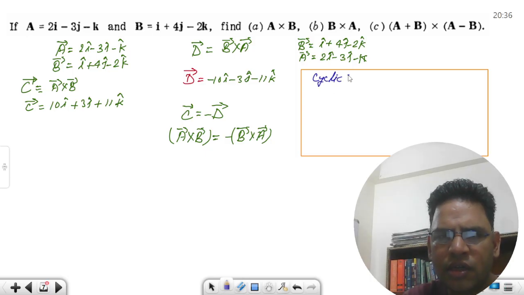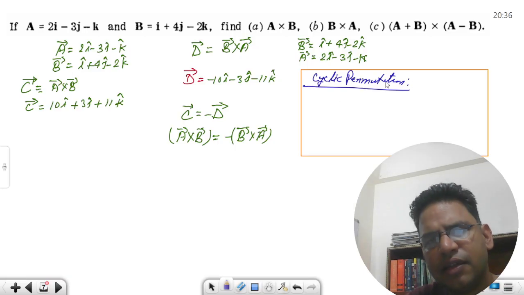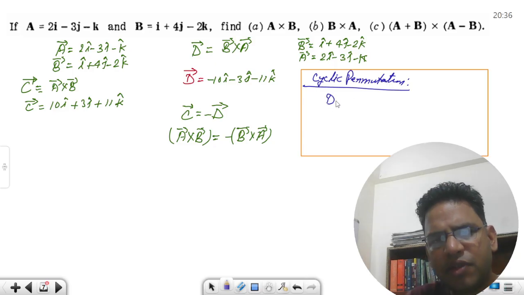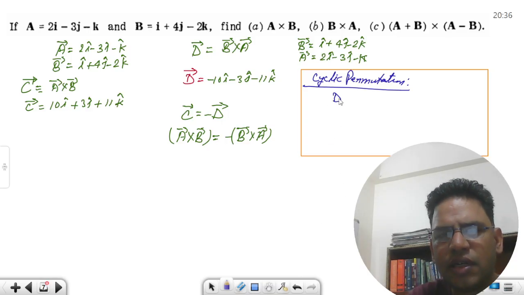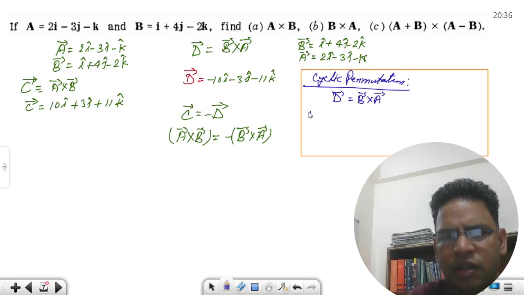So if you have this d vector equal to b cross a vector, then you can identify the components. The first component is going to be bj ak minus aj bk.